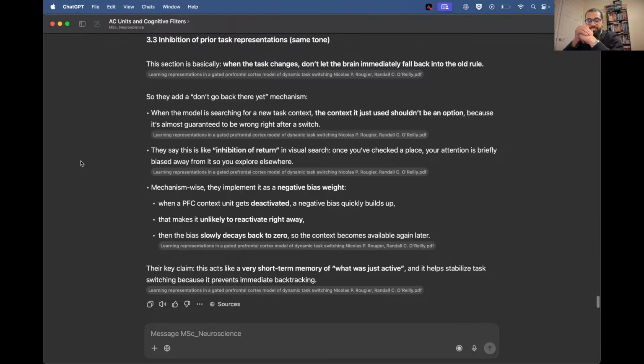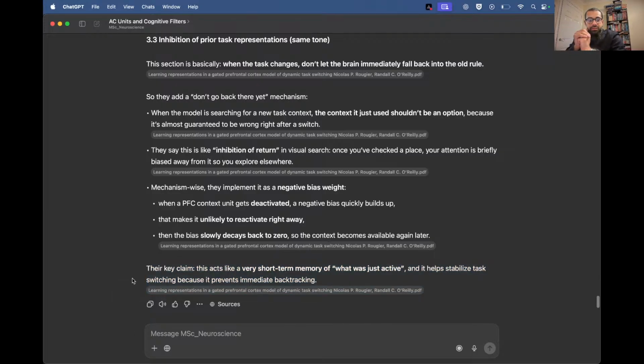That makes it unlikely to reactivate right away. Then the bias slowly decays back to zero, so the context becomes available again. The key claim is that this acts as a very short-term memory of what was just active, and it helps stabilize task switching because it prevents immediate backtracking.